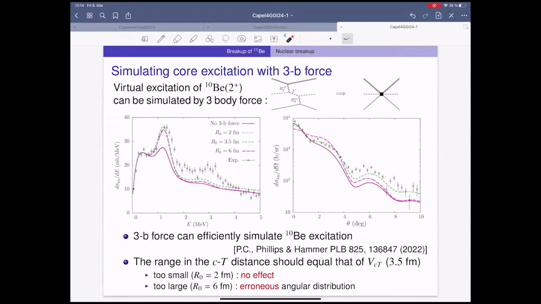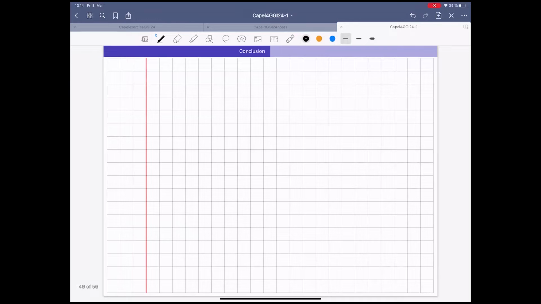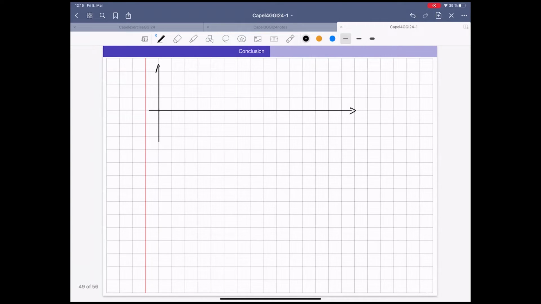The reason is that you start from a bound state. Your bound state has some behavior which is a peak, and then you decay because it's a halo structure. It decays slowly.